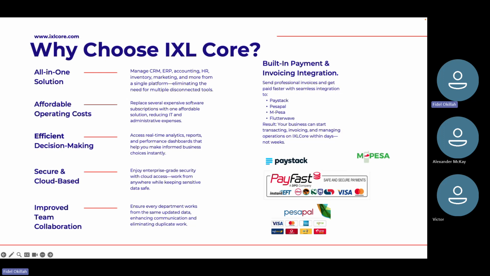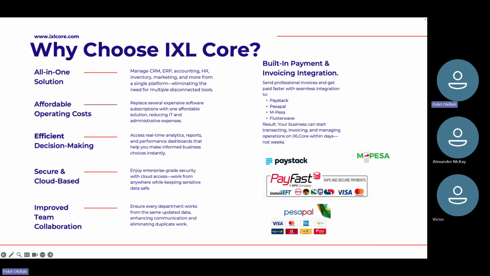You're only paying for one tool and able to have a 360 view of the business. Of course, there is efficient decision making because there's real-time data sharing from reporting, from sales, from purchases, all cascading down to the accounting module, where we have all the reporting on a real-time basis.